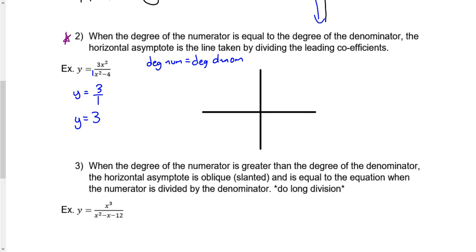Our graph looks something like this. Goes up and down. And there. So that's what our graph actually somewhat looks like. I'm just going to move that down a little bit to make it a little more realistic.